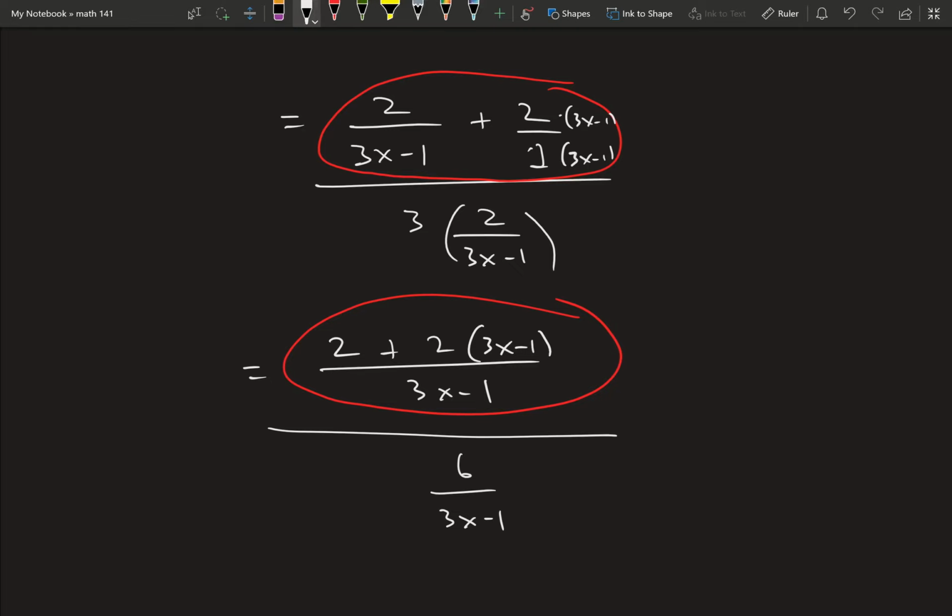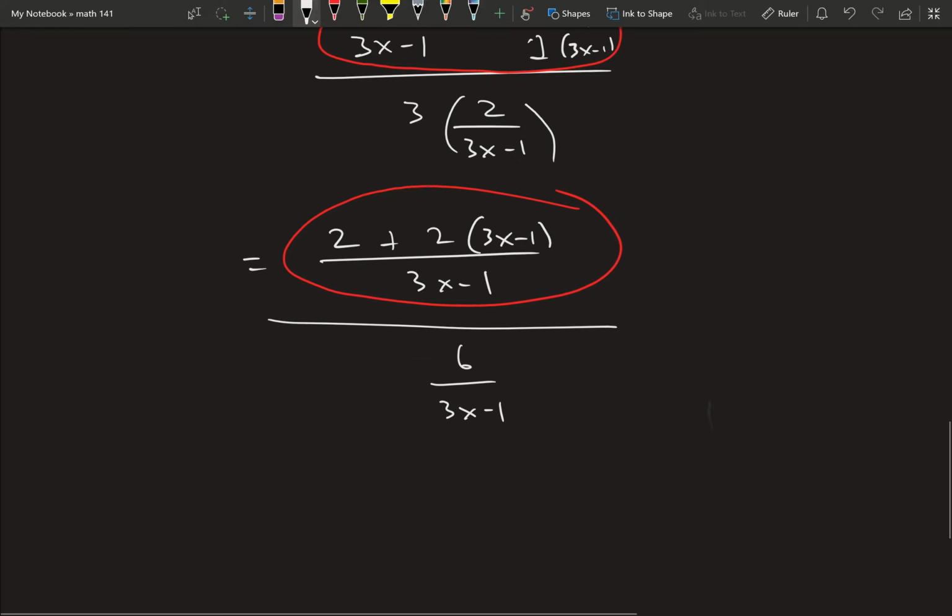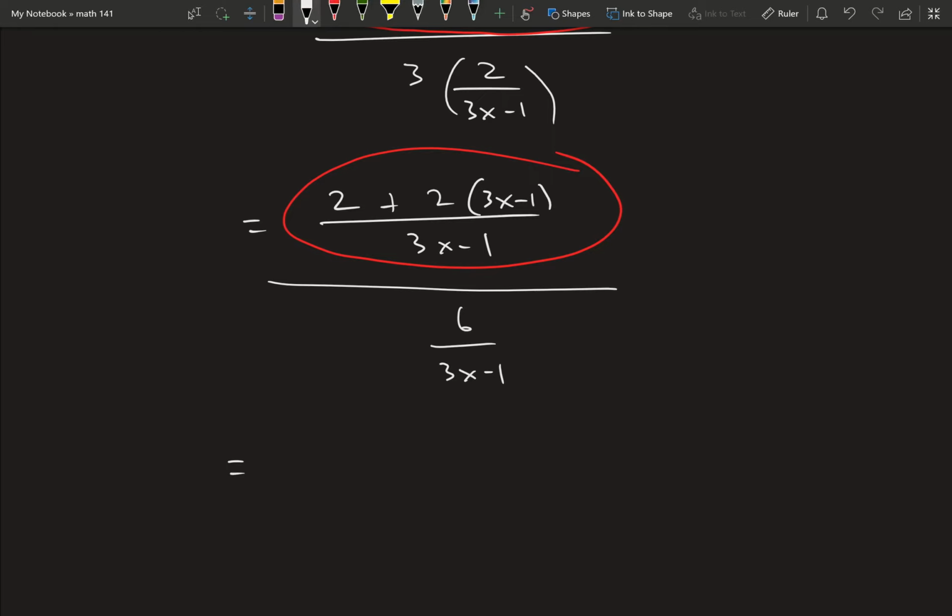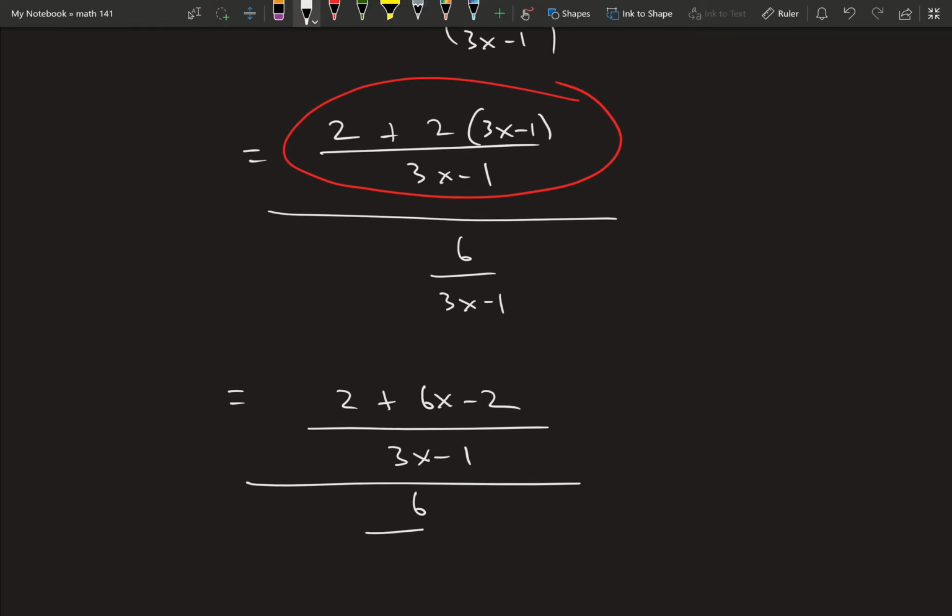Okay, it looks worse than it is, I assure you. What do we get here? We get 2 plus 6x minus 2 divided by 3x minus 1 all over 6 divided by 3x minus 1. The 2's here cancel, and we're left with 6x over 3x minus 1 all over 6 over 3x minus 1.